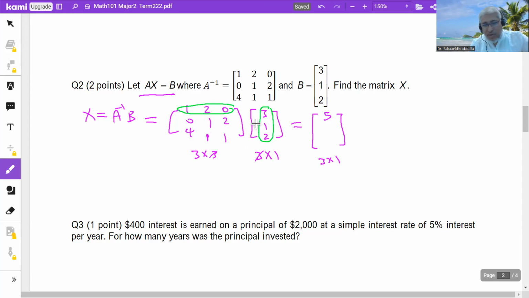Now the second row by the column. 0 times 3, 0. 1 times 1, 1. 2 times 2, 4. 4 plus 1 is 5. You can do that by the calculator. You can multiply 4 times 3 plus 1 times 1 plus 2 times 1. 4 times 3 is 12, plus 1, 13, plus 2, 15. So this would be the matrix X.